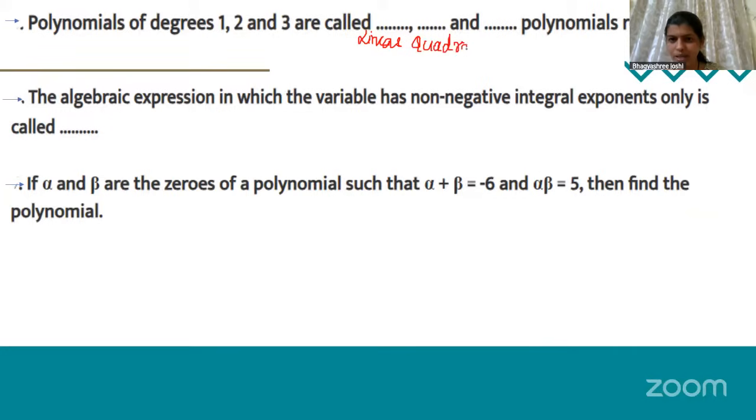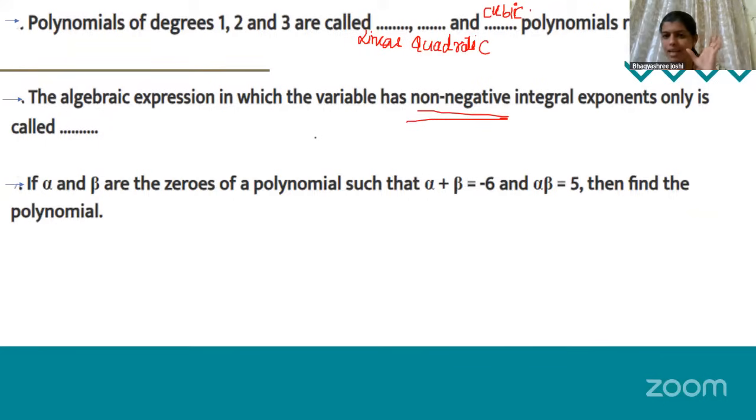If a polynomial contains degree 2, then it is quadratic. Degree 3, then it is called cubic. Cubic polynomial.